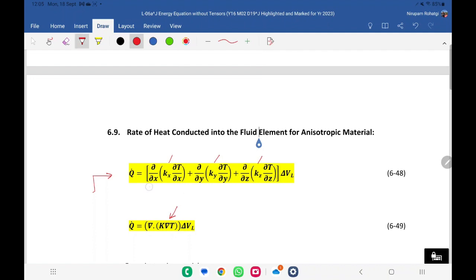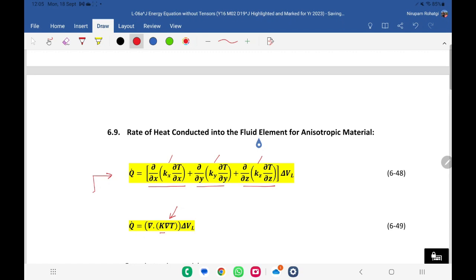This is basically the equation for heat transfer in x direction. Only thing is now I am saying that Kx, Ky and Kz are different. Okay, so what you will do, this is written in this form here because the gradient has three components, you will multiply with Kx, Ky, Kz, so you will get the same equation.